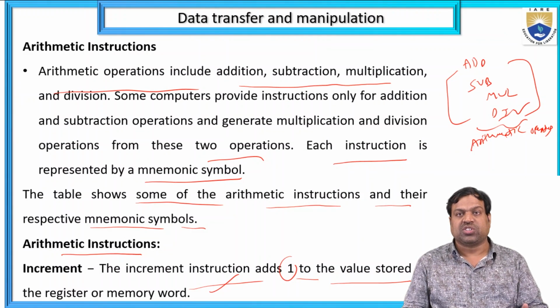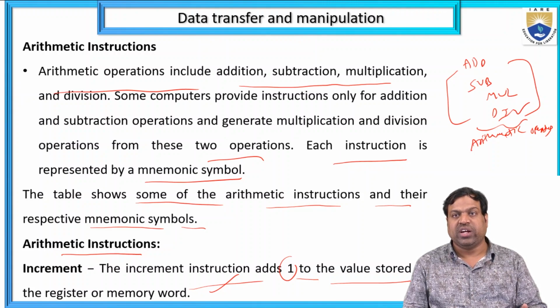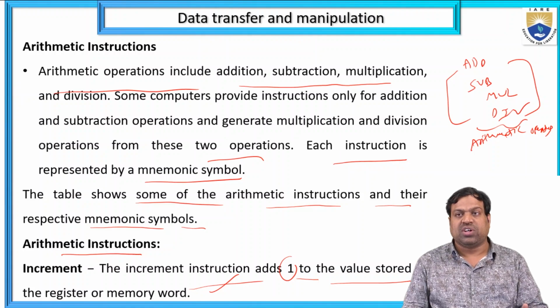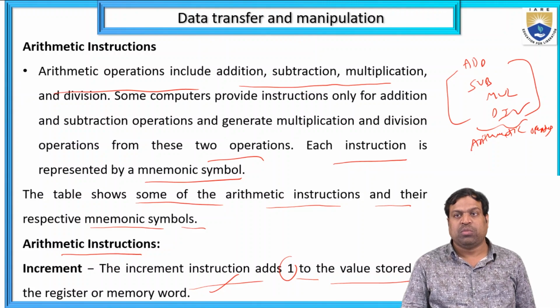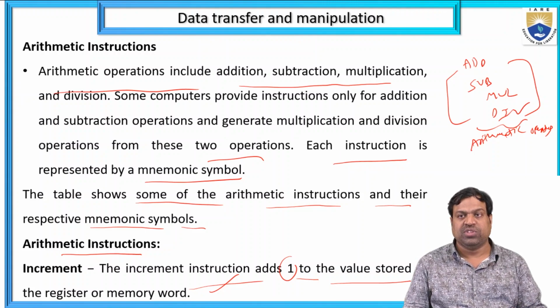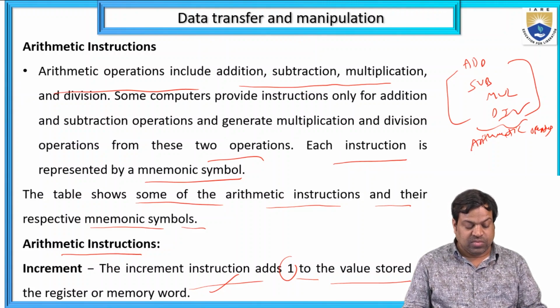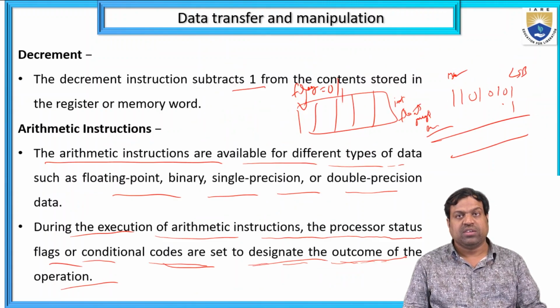And arithmetic instructions. Arithmetic operations include addition, subtraction, multiplication, and division. Some computers accept addition and subtraction operations. Some also provide multiplication and division operations. So arithmetic instructions include increment and decrement.